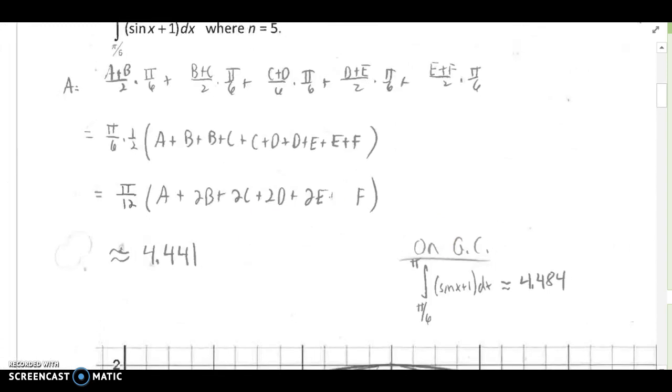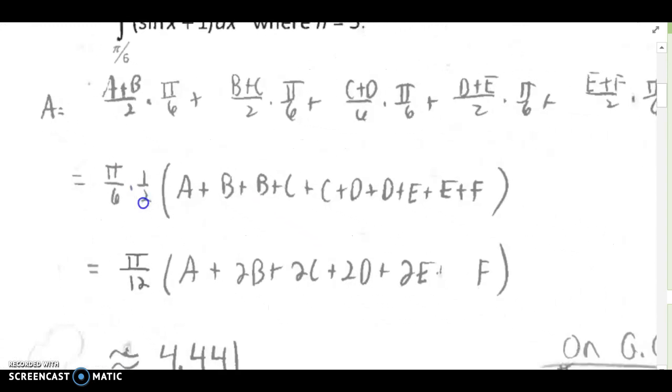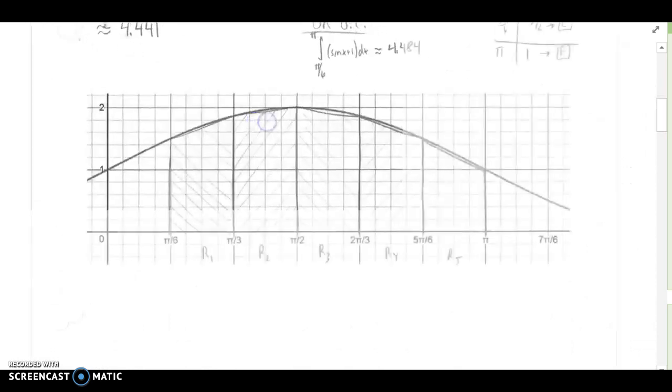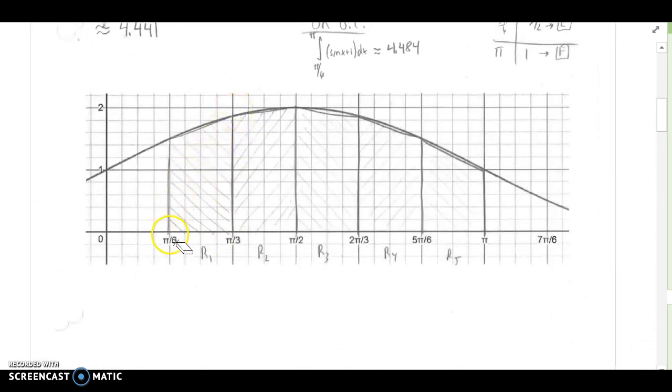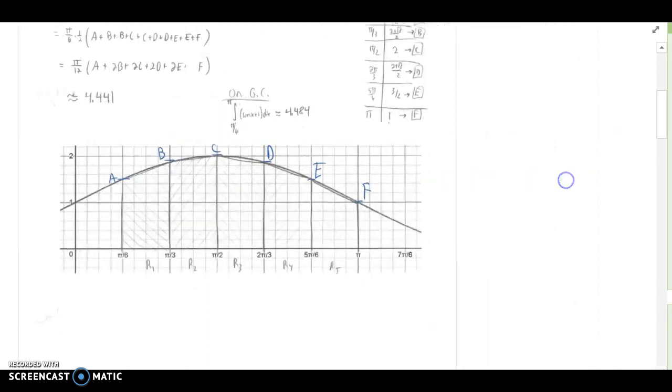So going back to this, the area of region 1 is going to be f of pi over 3 plus f of pi over 6, divided by 2, times that height of pi over 6. Well, I have A, B, C, D, E, and F stored on my calculator. I have all those values from the work I did before.